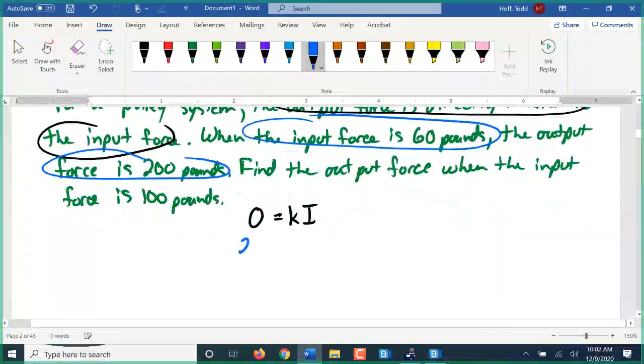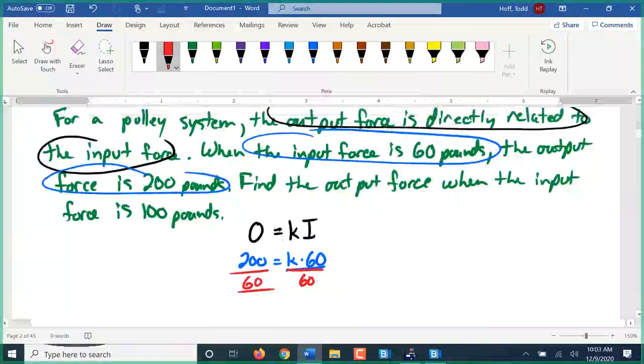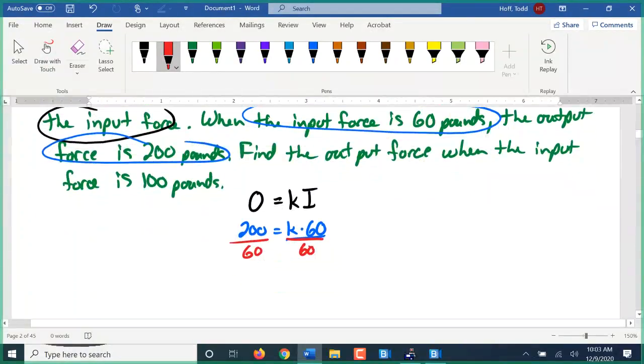So we put 200 in for the output, equals K times 60, our input. Now we'll solve for K here. We're going to divide by 60. That gives us 200 divided by 60. Well, that doesn't divide out evenly, so I'm going to make it a fraction and reduce it.